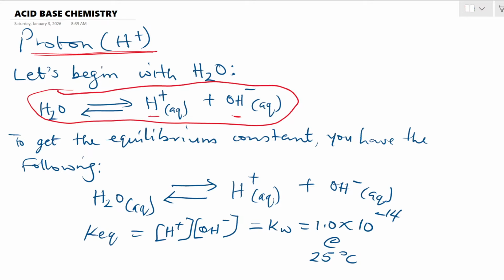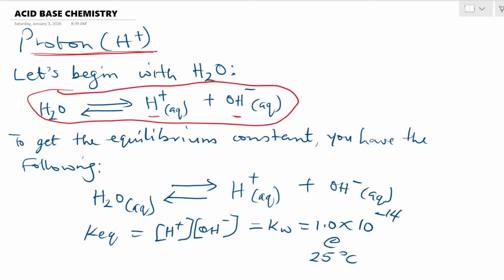Alright, so to get the equilibrium in this case, we'll have this reaction opened up, and the Keq for this reaction we established is the concentration of the hydrogen plus, which is your proton, multiplied by the concentration of the hydroxide ion, and that actually gives you your water constant.